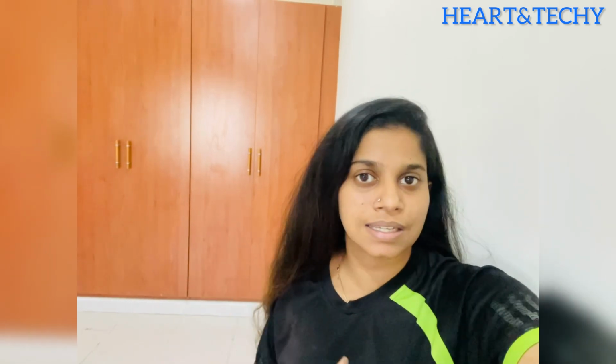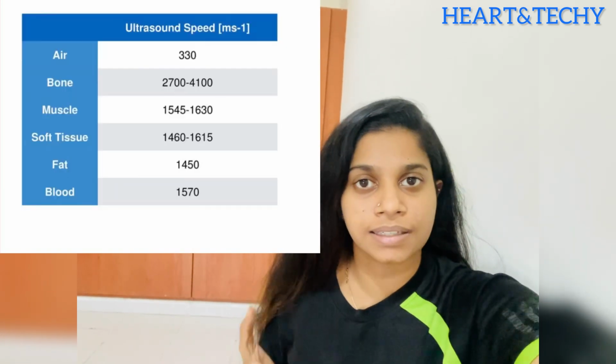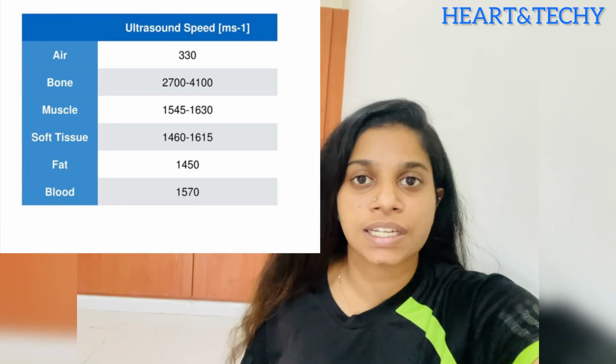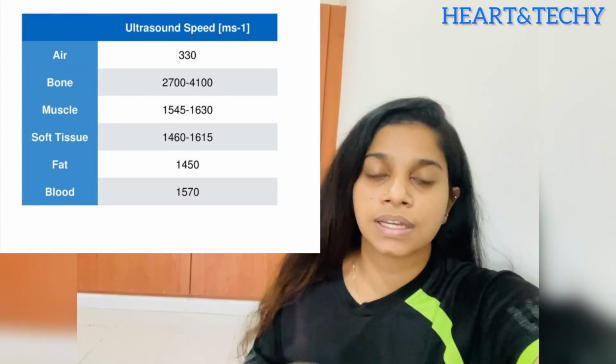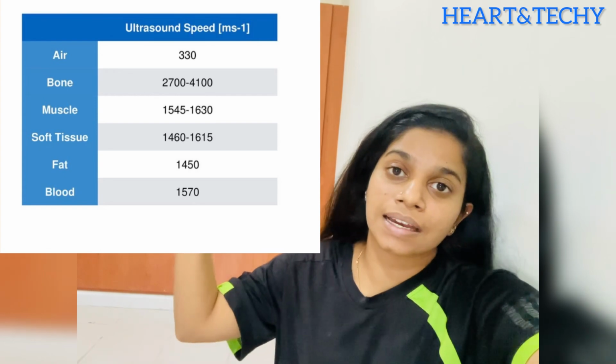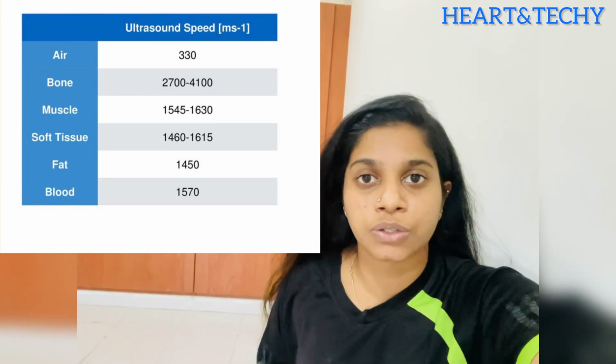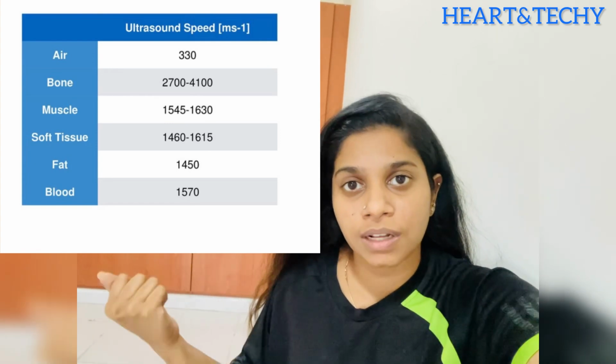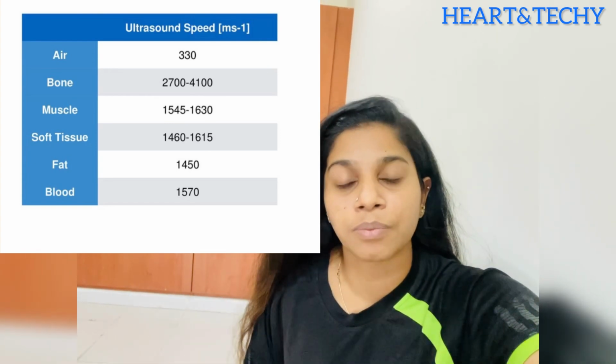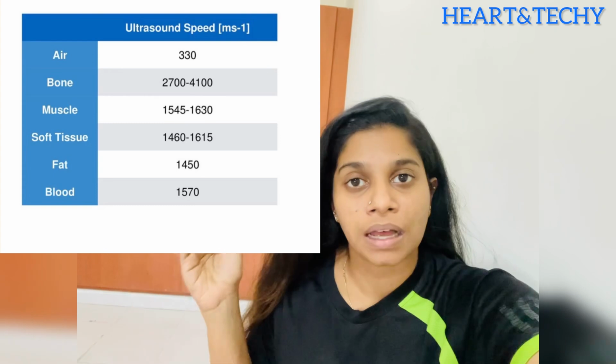This is just a basic overview, and the speed of ultrasound in a tissue is around 1540. Whether it is muscle, tendon or ligament, ultrasound can pass through tissue very fast compared to air.